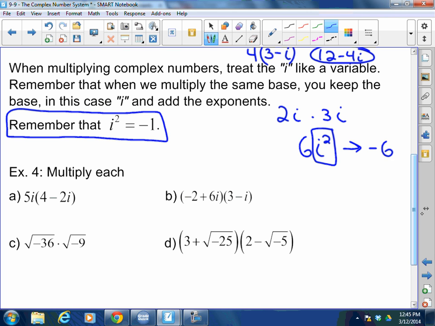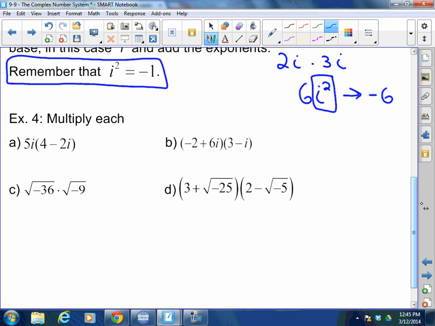Distributive property, FOIL, all that jazz is the same. The only thing we're changing up here is that there's an i. So, whoop-de-doo. 5i times 4 is 20i. 5i times negative 2i, negative 10i squared. What is i squared, though? Negative 1.